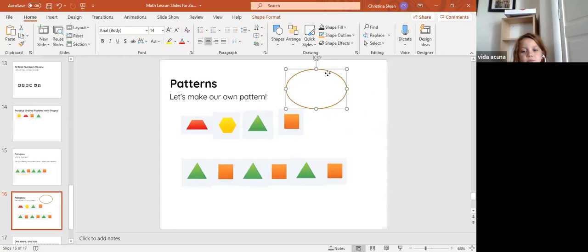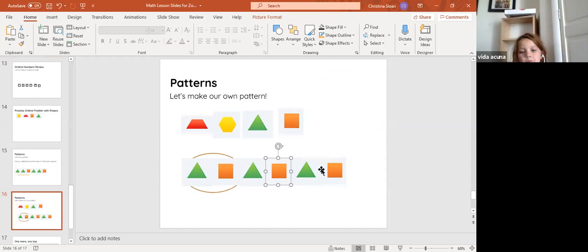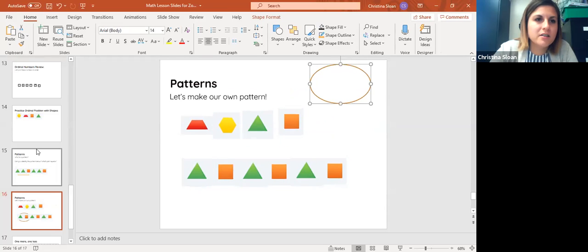Remember, the part that repeats is the group that starts over and over. So we have triangle, square, triangle, square, triangle, square. So what part repeats? Triangle, square. Nice job. Thank you, Vita.